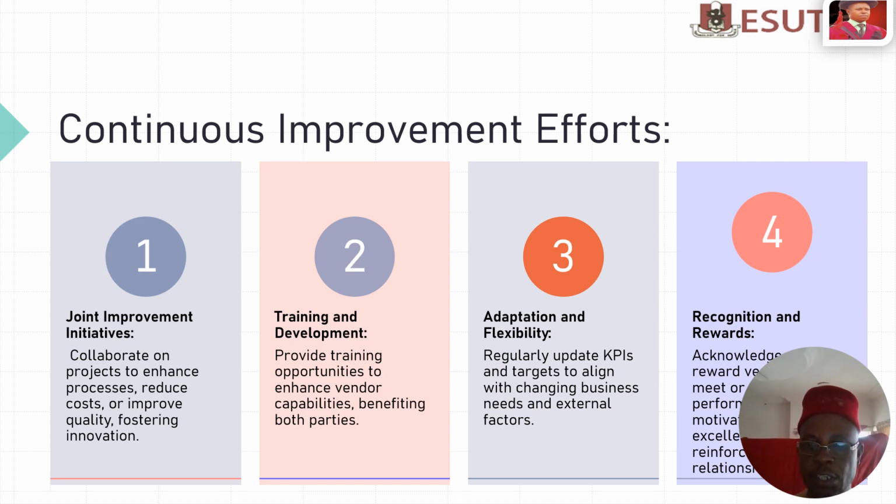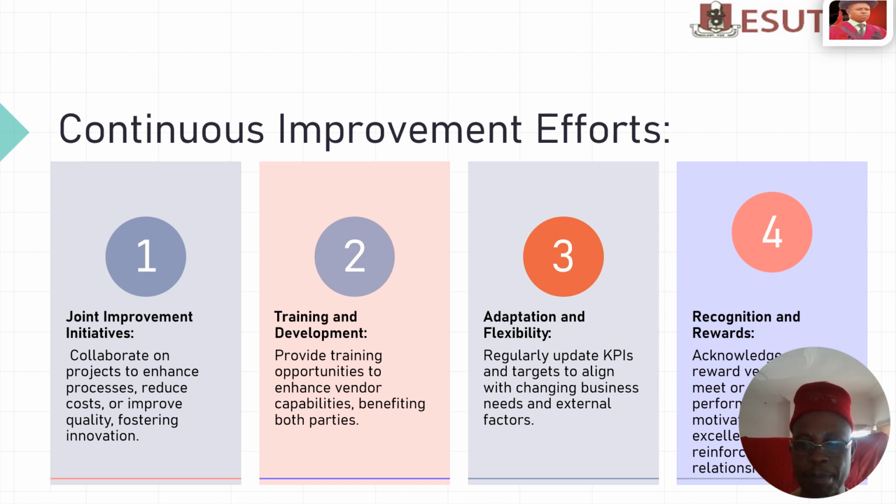Improvement efforts. Joint improvement initiatives. Engage in joint initiatives aimed at process improvement, cost reduction, or quality enhancement. Collaborative projects can lead to innovative solutions that benefit both parties. Training and development. Offer opportunities for vendor training and development if necessary.